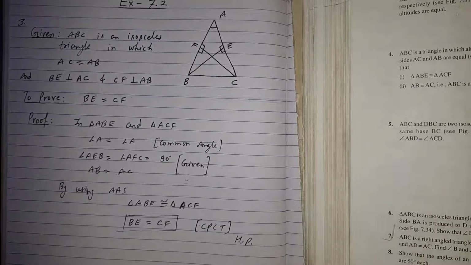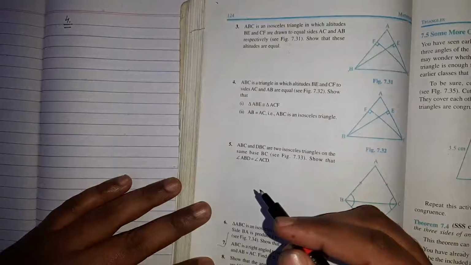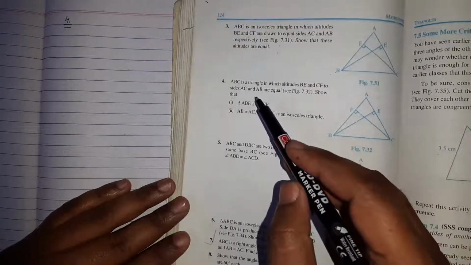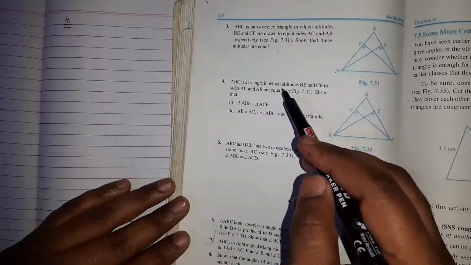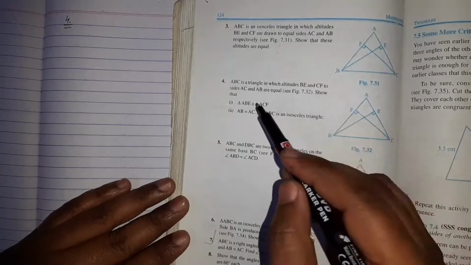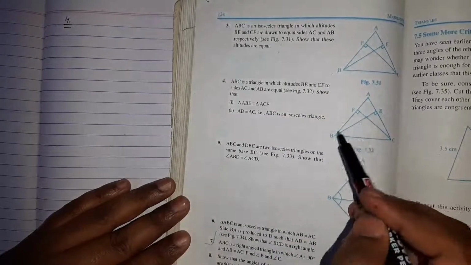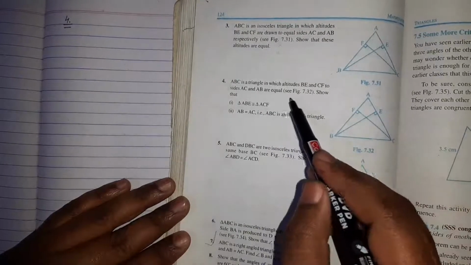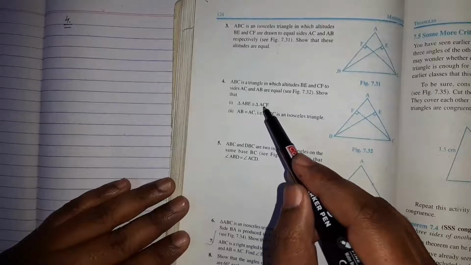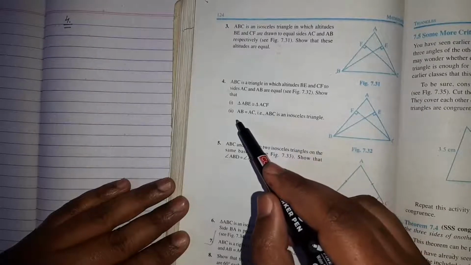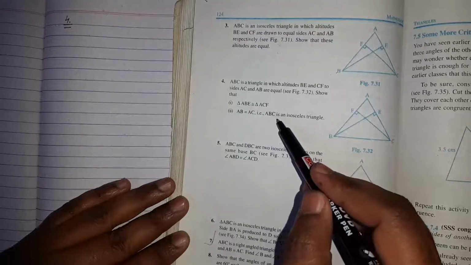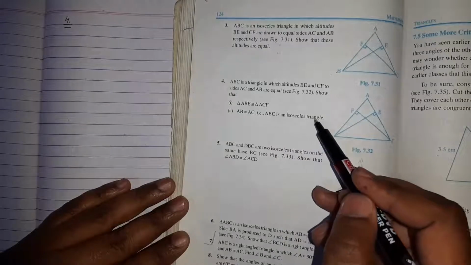The next question, question number 4. ABC is a triangle in which altitudes BE and CF to the sides AC and AB are equal. Show that, first part, triangle ABE is congruent to triangle ACF. The second part, AB is equal to AC, that is ABC is an isosceles triangle.